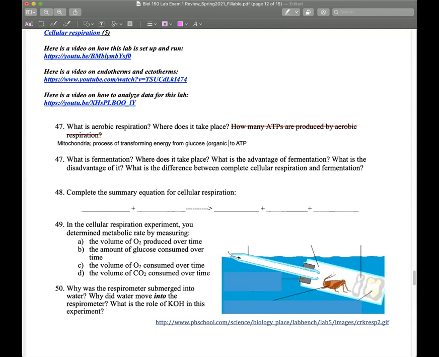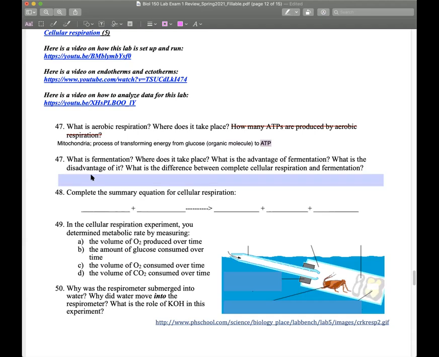Of course, we always use glucose because it's a nice, easy starting molecule to explore these topics, but any organic molecules really. This is one type of chemical energy, and we're transforming it into another type of chemical energy, one that is readily usable by our cells and their processes.